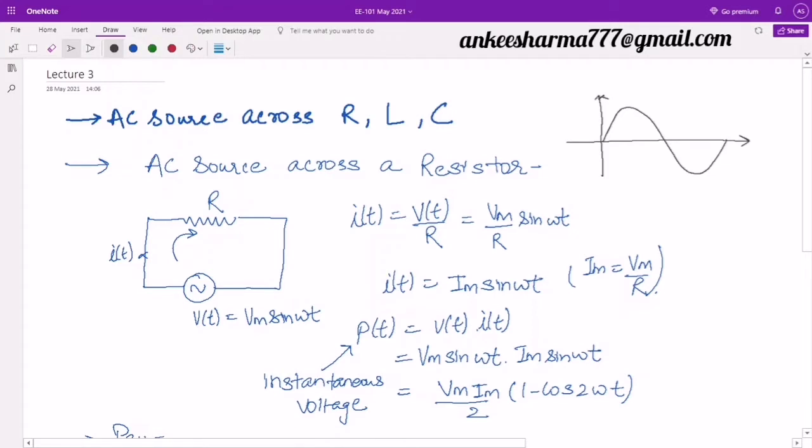This is V of t signal. Now as I said that I of t will be equal to V of t by R, it means some value of the resistance will be there in the denominator. Definitely the value of the current over here will be small in comparison to the voltage. So the next waveform that I will draw will be small in amplitude in comparison to the maximum amplitude of this V of t signal, which is also sinusoidal.